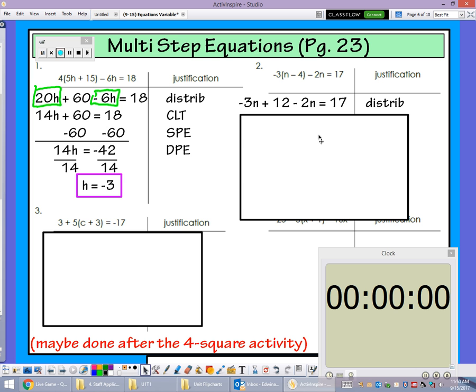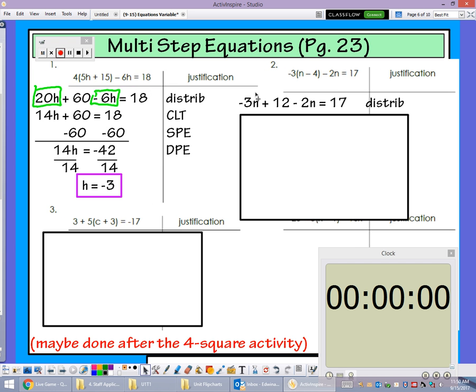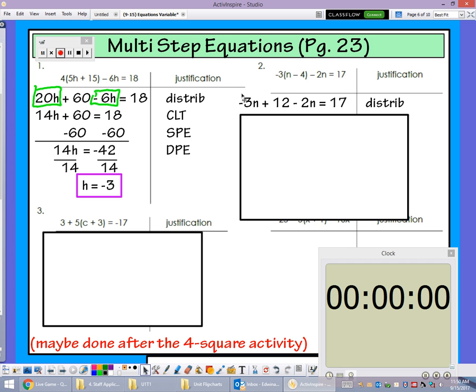Negative 3n plus 12 minus 2n equals 17. What's my next step? Combine my like terms. So I'll have negative 3n and negative 2n. I have to combine these like terms.